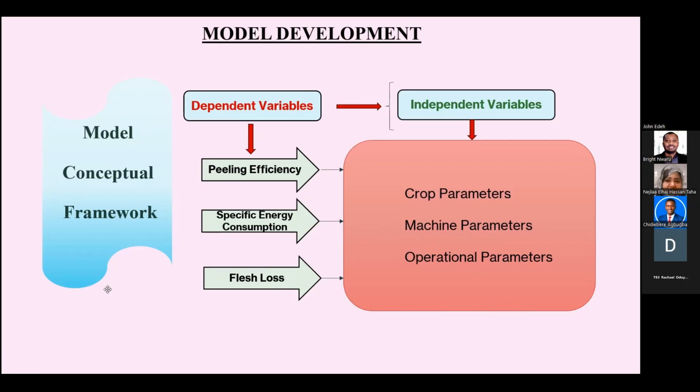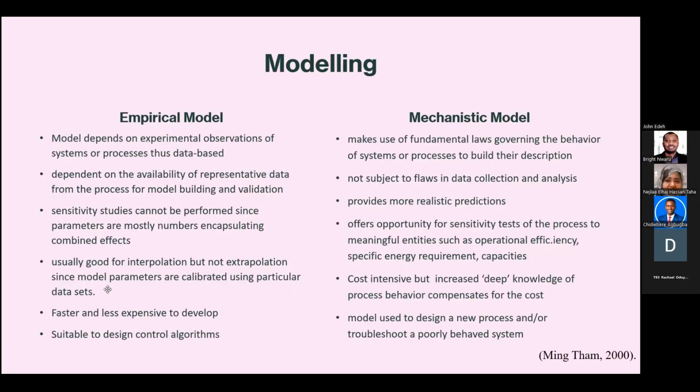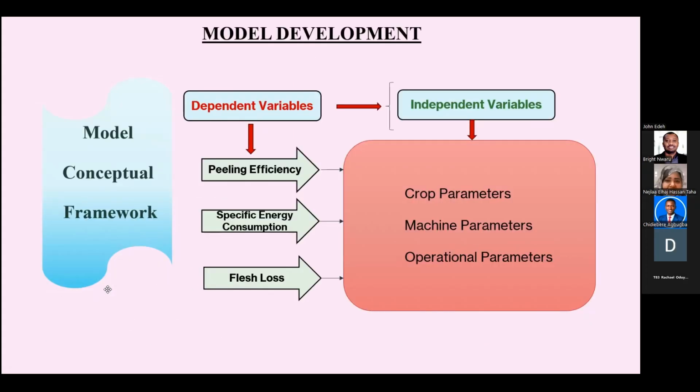We use that to work on our peeling efficiency, which is one of the key performance parameters. And this is the model concept framework: dependent variables and independent variables. If you look at this graph, you discover that the dependent variables, which are the responses, the performance parameters, are peeling efficiency, specific energy consumption, and flesh loss, but we concentrated more on the peeling efficiency.